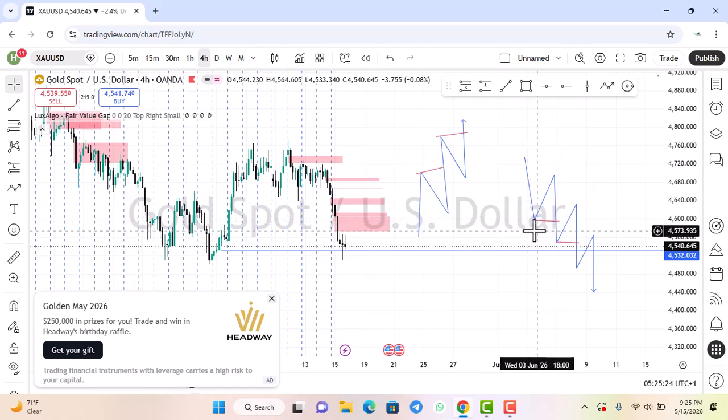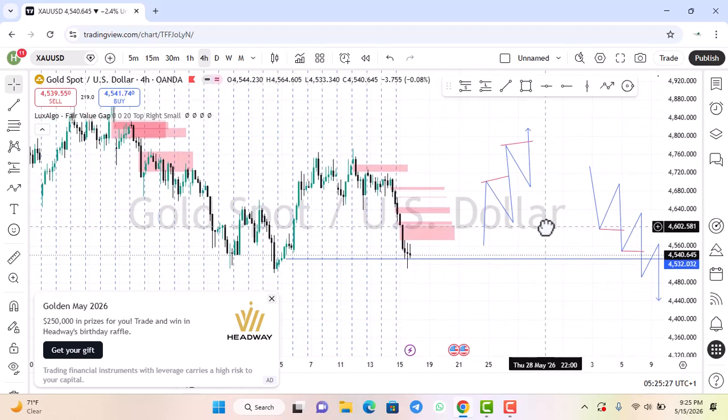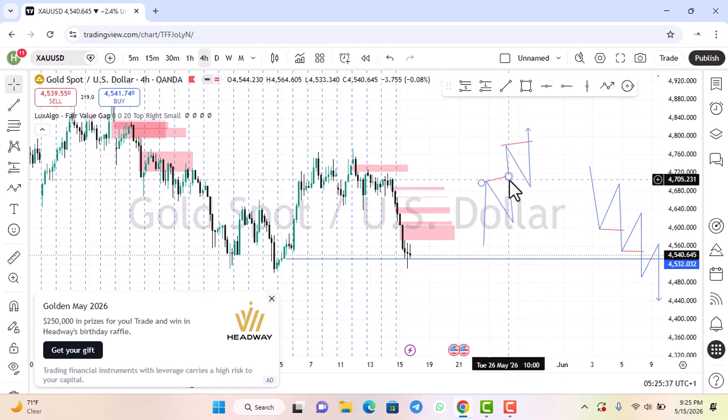Okay, so if you are on a lower time frame, like 1 hour below, the body of a candle must go above the previous higher high for you to have a valid break of structure.